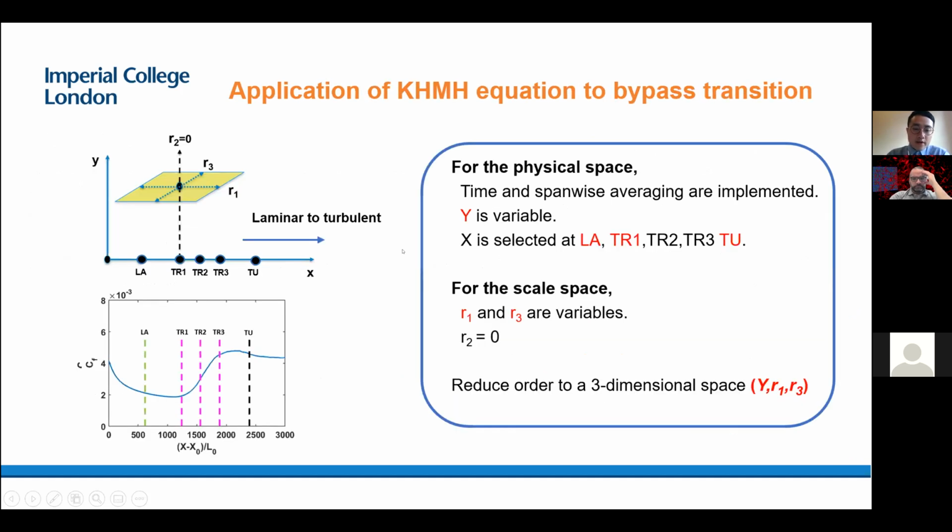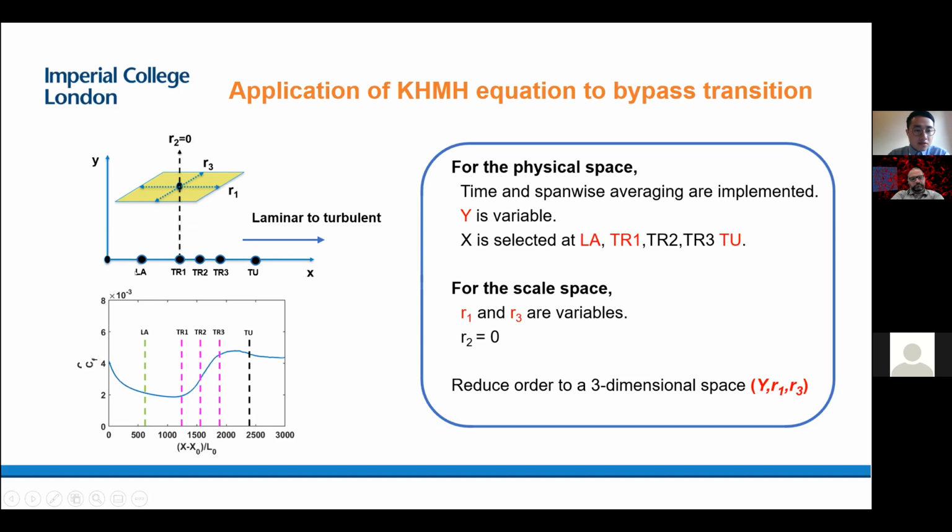And this is how we apply this equation to our bypass transition case. In the physical space, time and spanwise averaging are implemented, and the wall normal direction, capital Y, is a variable. We have also fixed the streamwise locations at 5 different streamwise locations here.